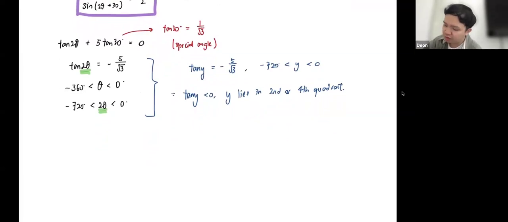So the basic angle is tangent inverse of 5 over root 3. I'm not so smart, so I will do it on my calculator. It's 70.893.